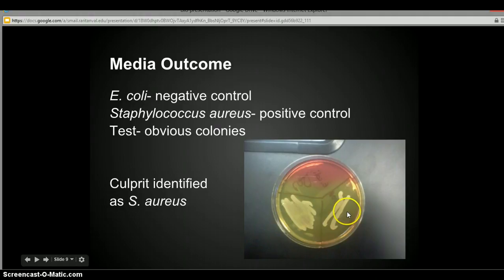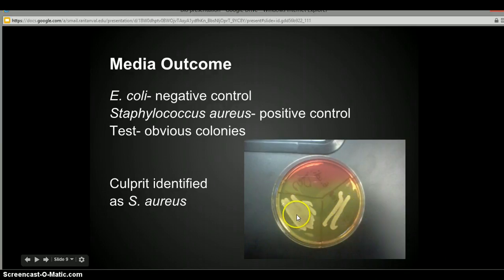On the bottom right hand side is the positive control. You can see that there are some obvious colonies here, and it's turned a yellowy color instead of the red that it was.